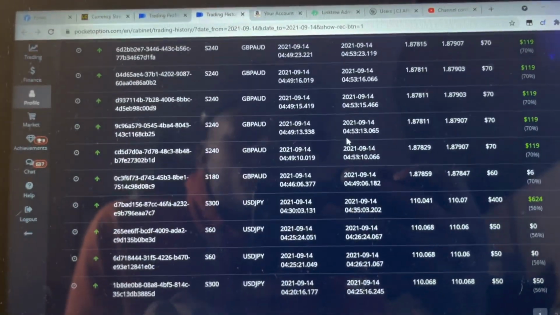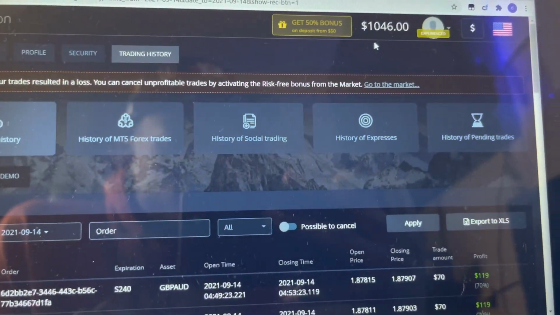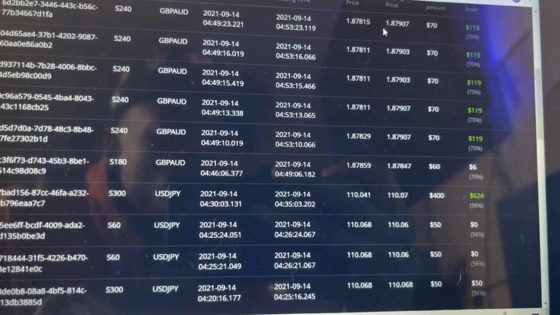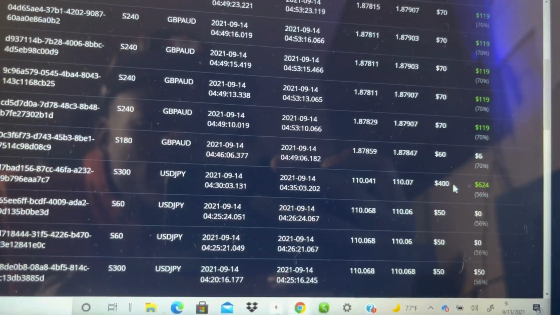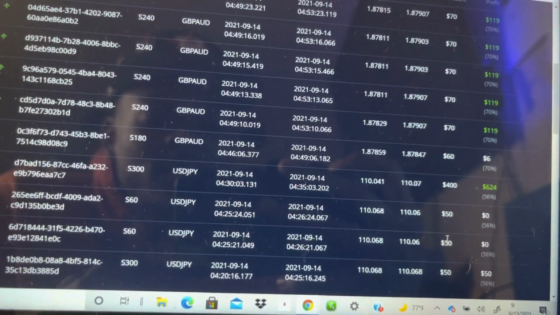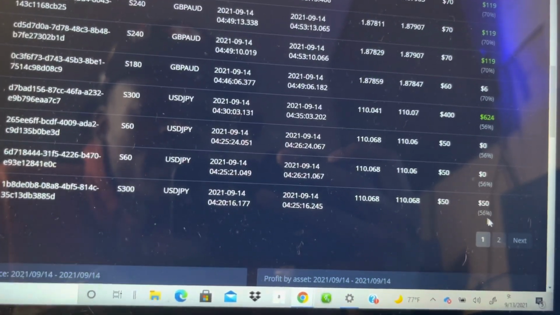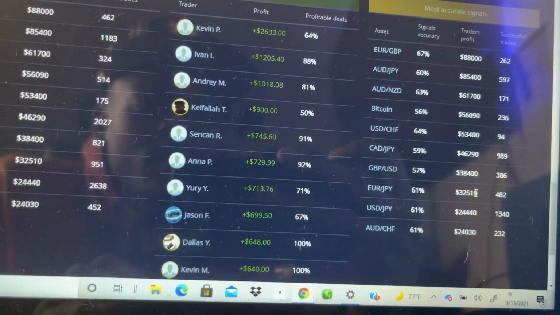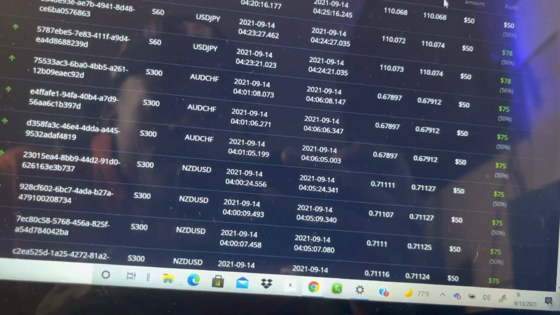All right, so here's the proof of our trade history on our account. You guys can still see same account, live account. So we went 1, 2, 3, 4, 5. I'm not gonna count that one. We went 6. I'm not gonna count these losses because I wasn't trying to take those. We had a break even, and then we had 2 break evens.